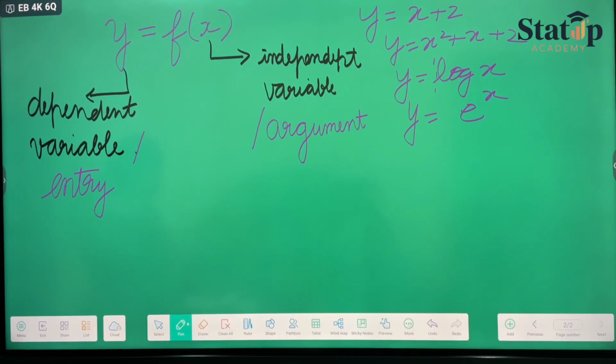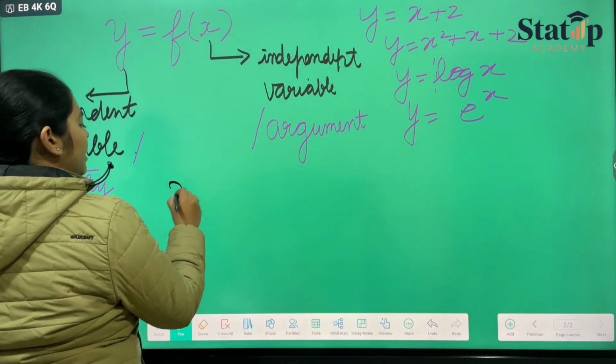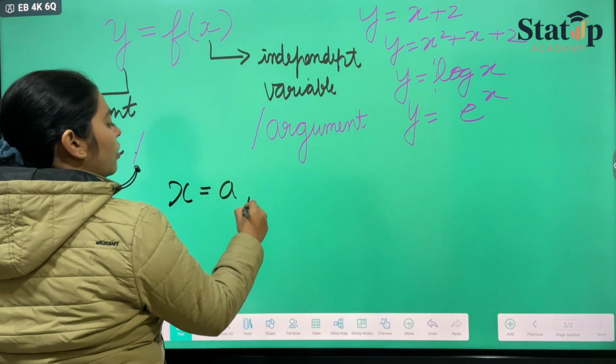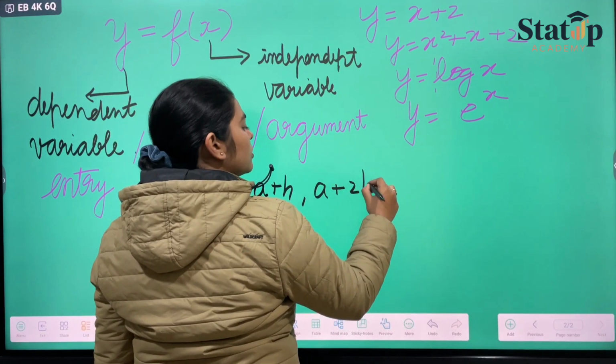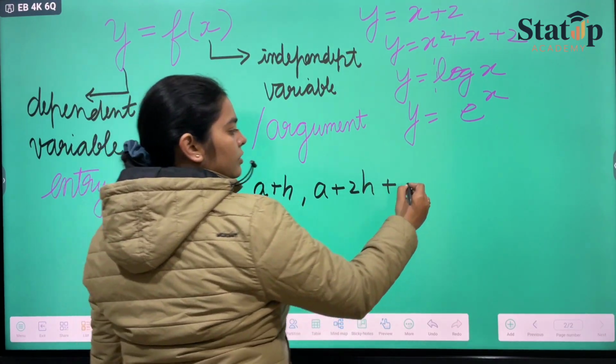So the value of x can be a, a plus h, a plus 2h, where h is a finite change, and so on.